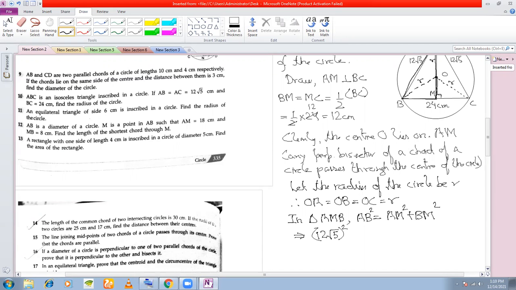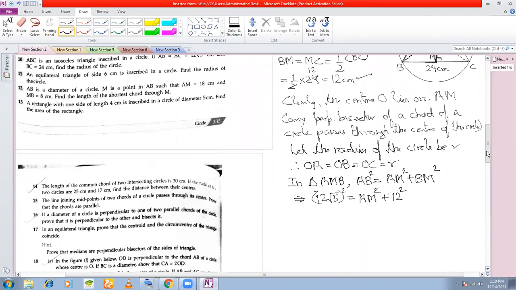So square of 12 root 5 is equal to AM square plus BM square. And BM, what is the length of BM? 12, square. Now we can find out the length of AM very easily. 12 root 5 squared is 12 square into root 5 square, equal to AM square plus 12 square.